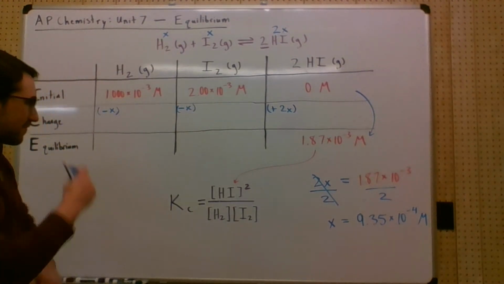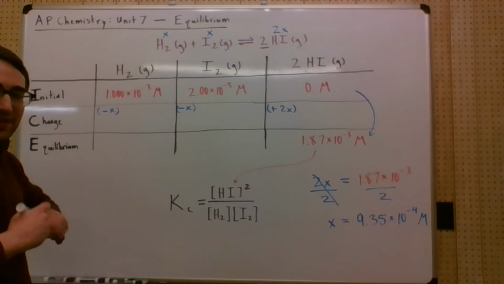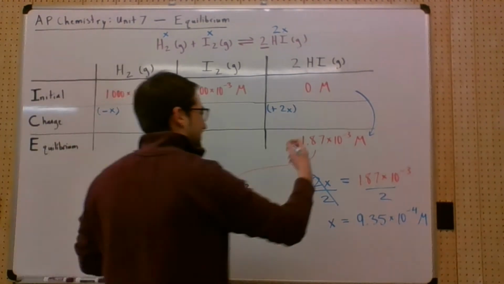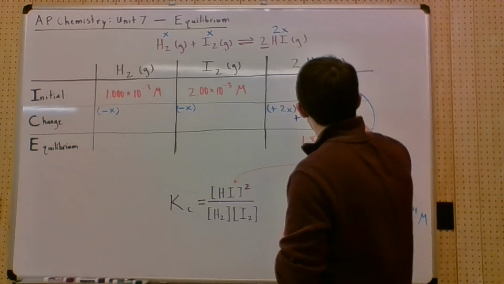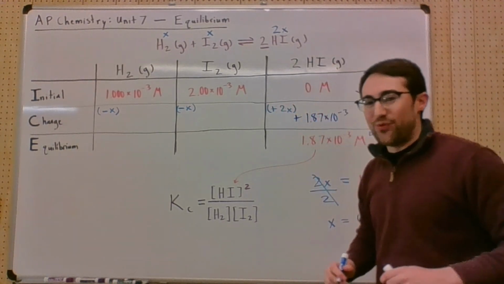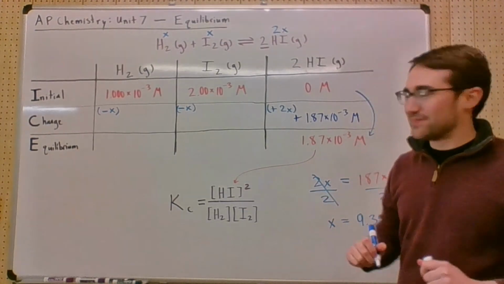So plus 2x really meant plus 1.87 times 10 to the negative 3 molar, right?